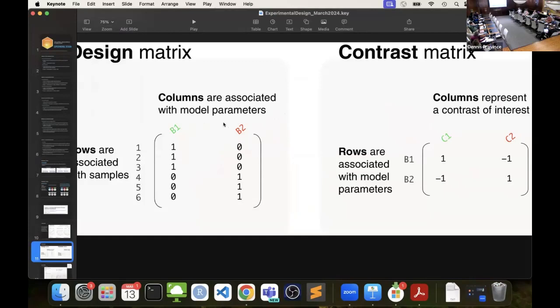If I had a gender effect, male and female, that would be an additional column or factor. These are all the things we're trying to explain with this linear regression model. The rows are the individual samples, and that's how we flag each as belonging to the control or the treated group and what the different characteristics of the samples are.